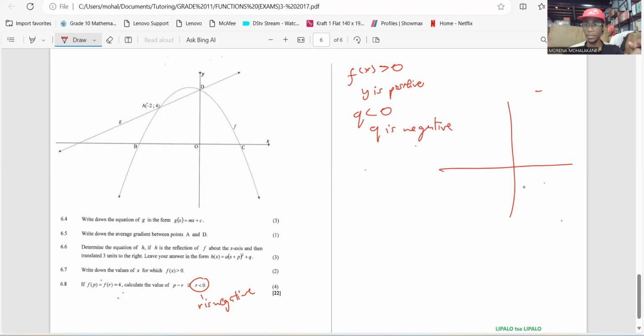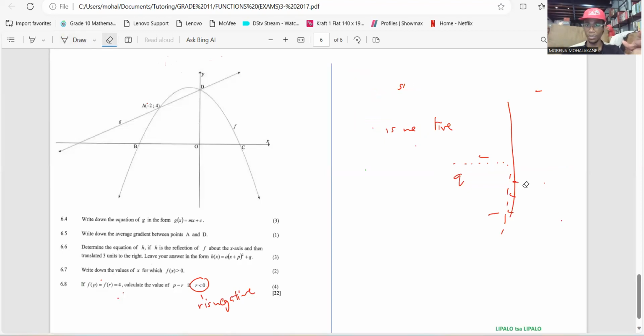So on the Cartesian plane, it means that you're going to find q on this side, because this is where the values are negative, or below this, because that's where the negative belongs. So that's what it means on the representation. Then I want to break down all these representations to aid you in answering the question.